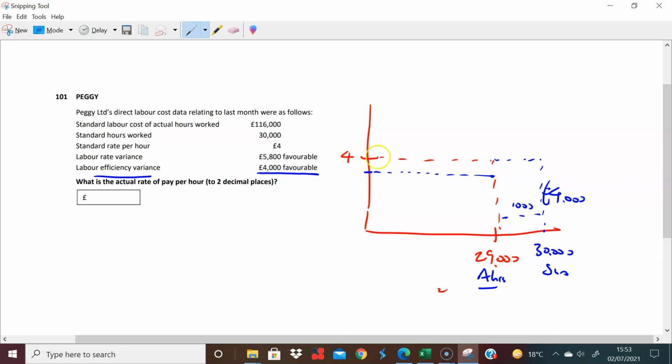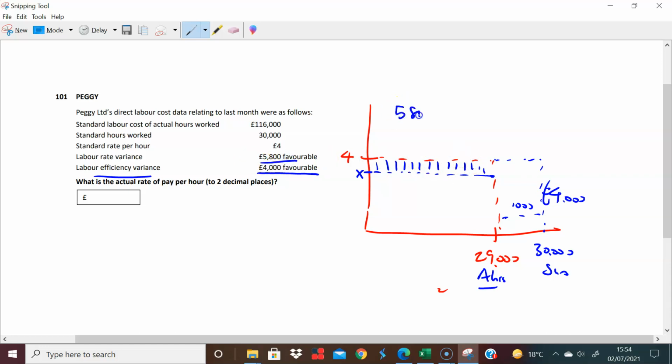I could call this x, and I know two things actually. I want you to look at this yourself without me saying too much. I know that this difference, which is what is favorable, is equal to 5,800.